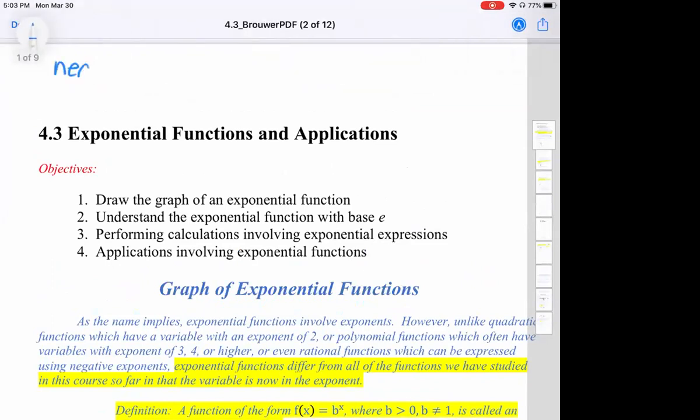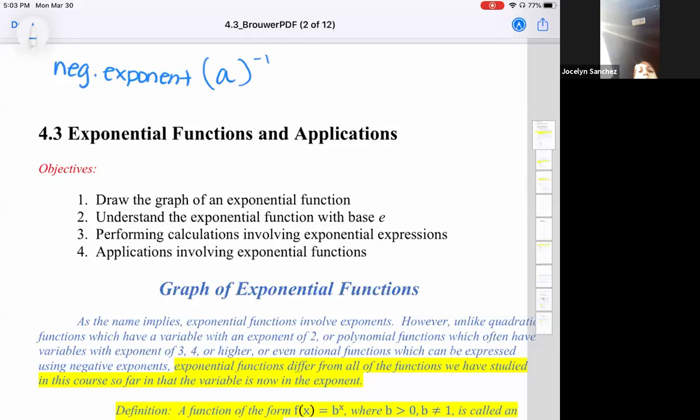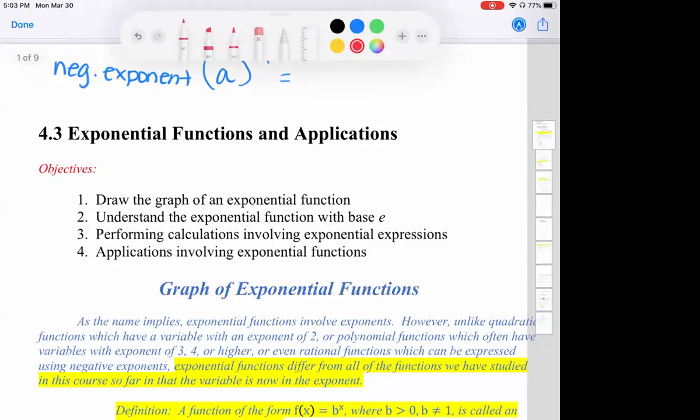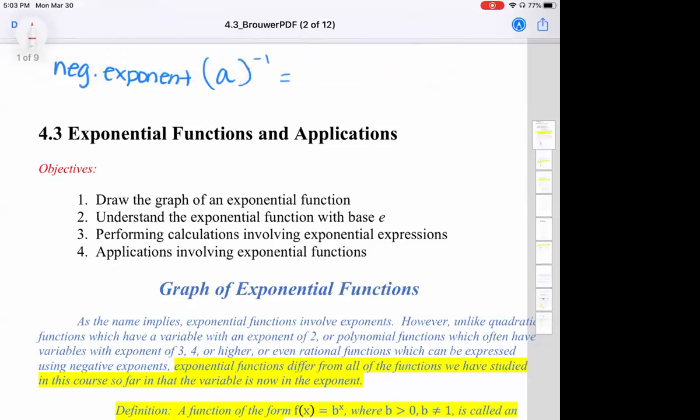So there's a rule for when we have a negative exponent. If we have, for example, some number raised to a negative exponent, then to deal with this, we keep our exponent, but to get rid of the negative, we write it as 1 over, and we now have our exponent of positive.